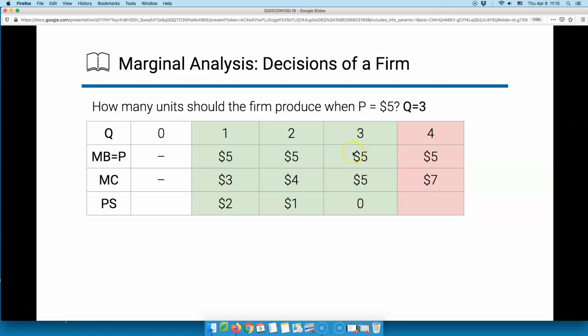Go on and produce as long as you're generating benefit from each unit that you're producing. And the sum of those benefits is going to be the producer surplus of the firm. And in this case, it's $2 plus 1 plus 0, so $3 of surplus, $3 of net benefits generated by production in this scenario.